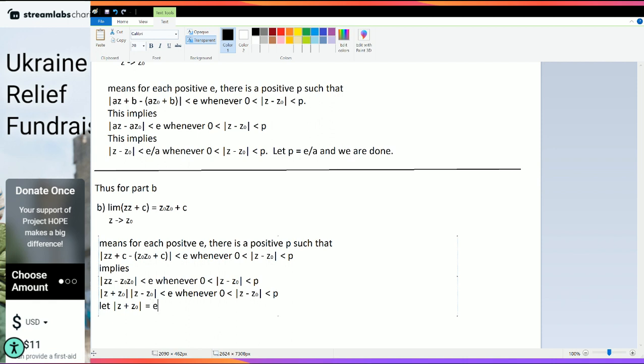If I let it equal epsilon and let delta be less than 1, then it should work.